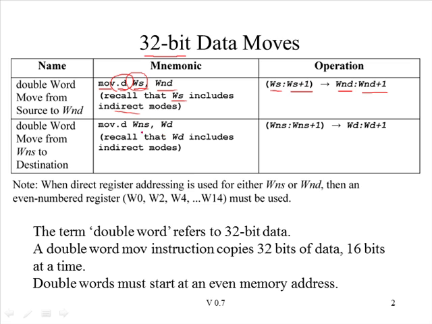This moves in the other direction. This will move from a working register source to a destination register, where this can be an indirect mode. Using an indirect mode for here can allow us to move from working registers to memory. Using an indirect mode here can allow us to move from memory to a working register.